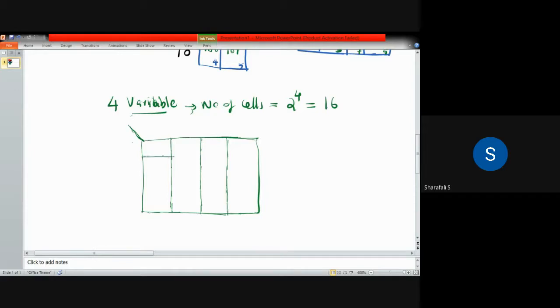Similarly, this way also. So this is 16 cells. This is the representation for 16 cells. And now we'll consider AB here and CD this side because we need 4 variables. 4 variables means A, B, C, D.